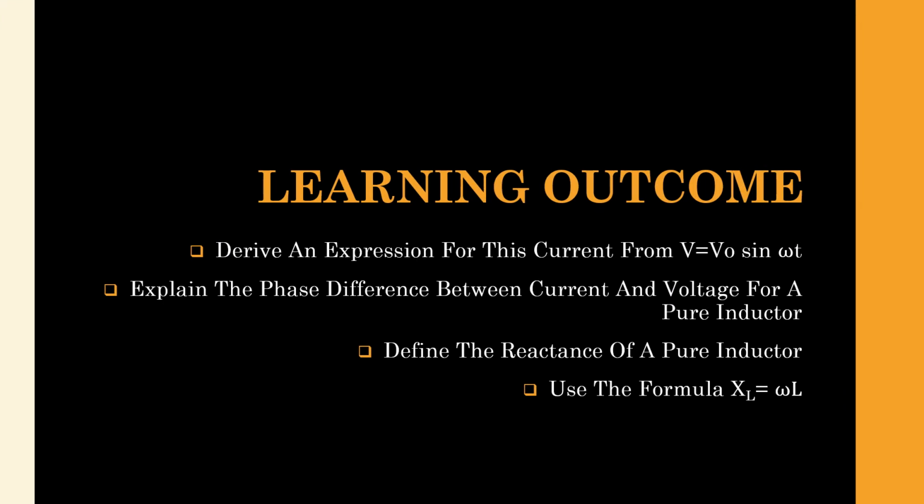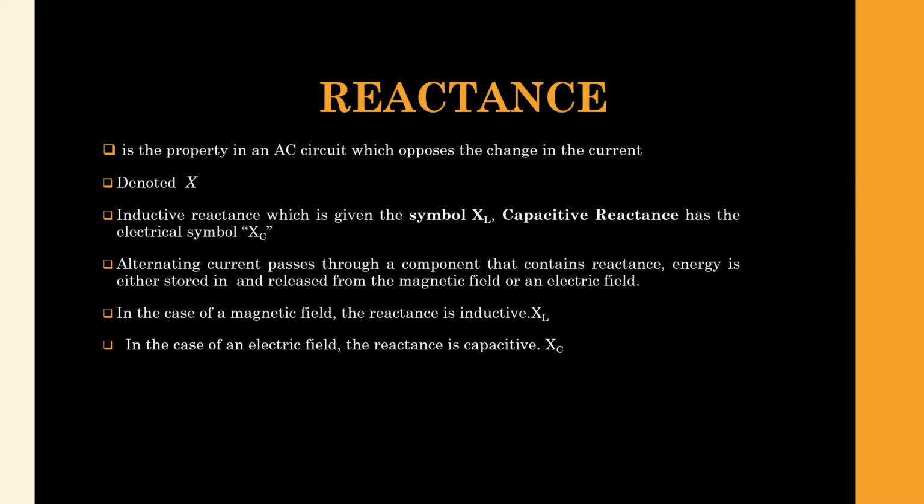Today, the learning outcome will be to derive an expression for the current, to explain the phase difference, to define the reactance and use the formula. Reactance. The symbol of reactance is always denoted by a capital X. It is a property in an alternating current circuit which opposes the change in the current.